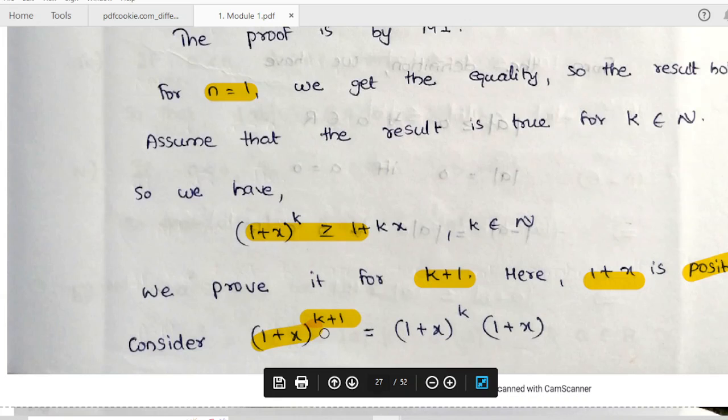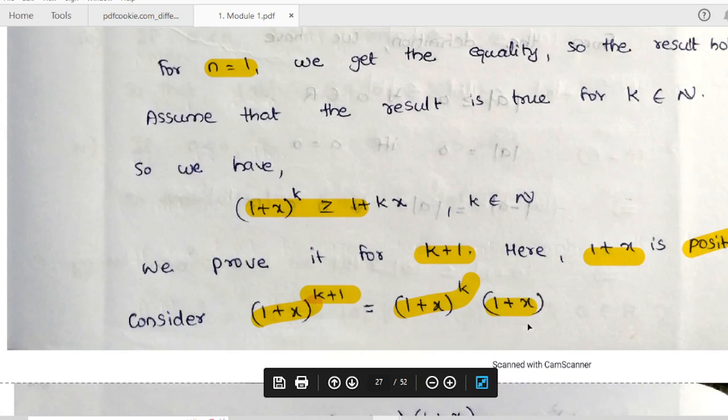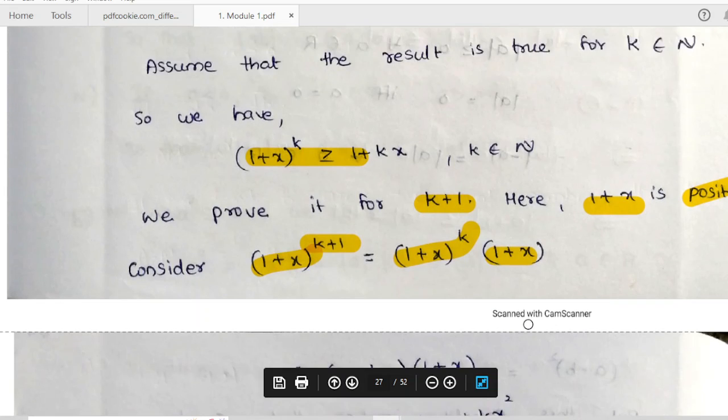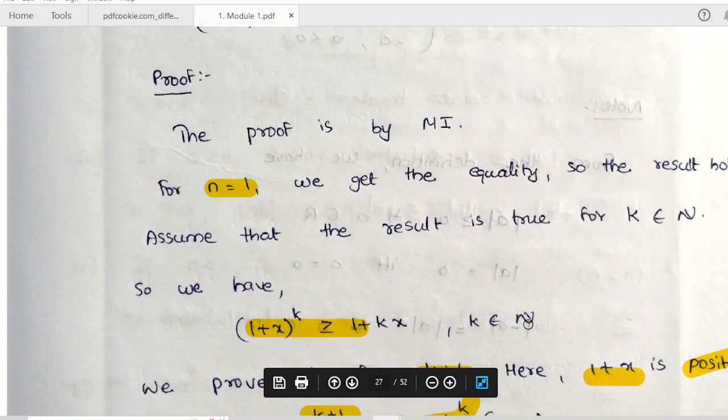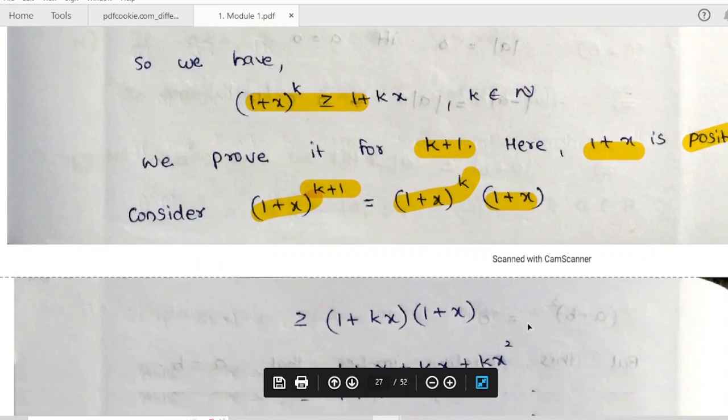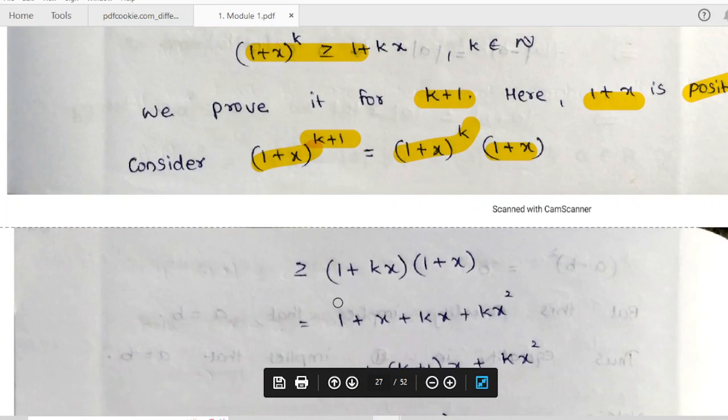ഇതിനെ 1 plus x to the power k plus 1 എന്ന് പറയുമ്പോൾ you can split and write 1 plus x to the power k into 1 plus x. And 1 plus x to the power k എന്ന് പറയുമ്പോൾ this is greater than or equal to 1 plus kx into 1 plus x.